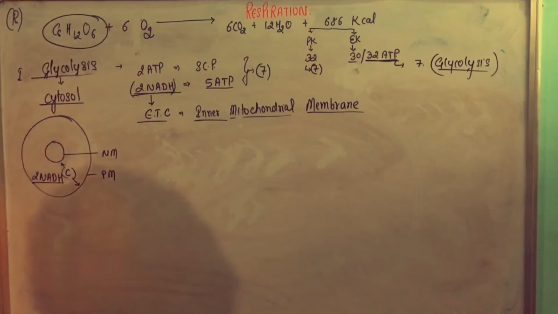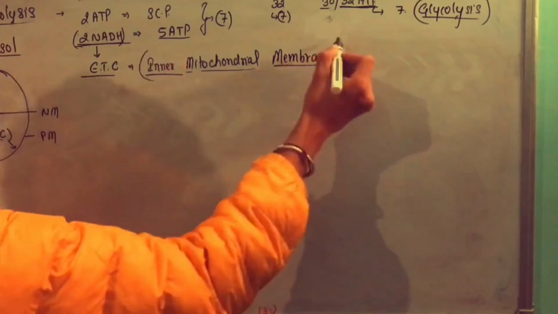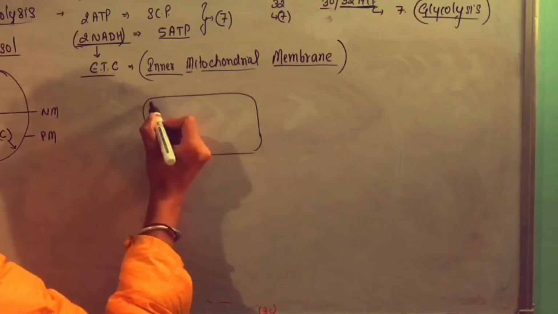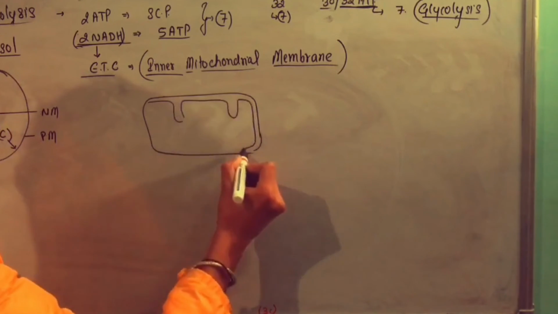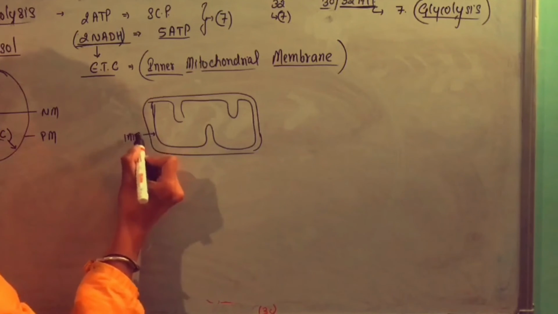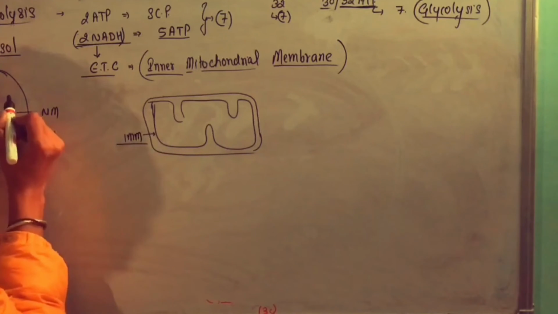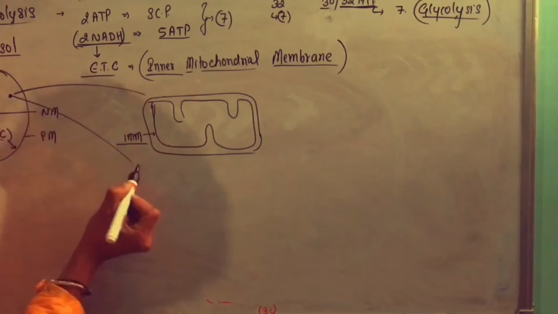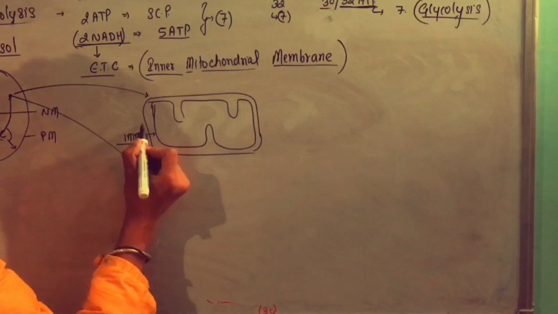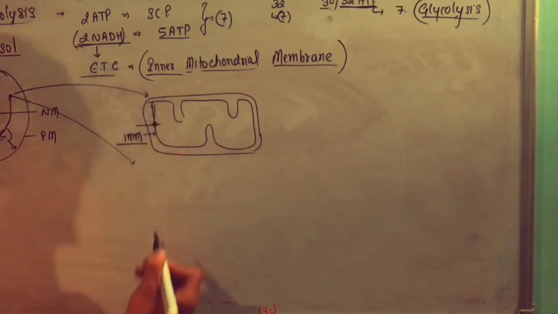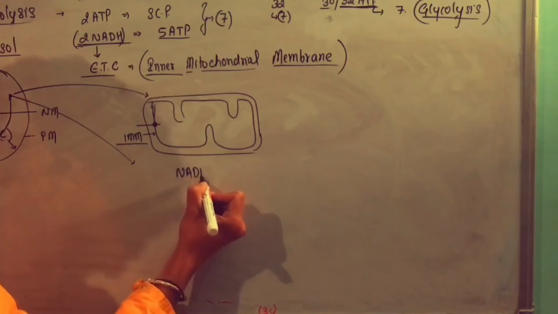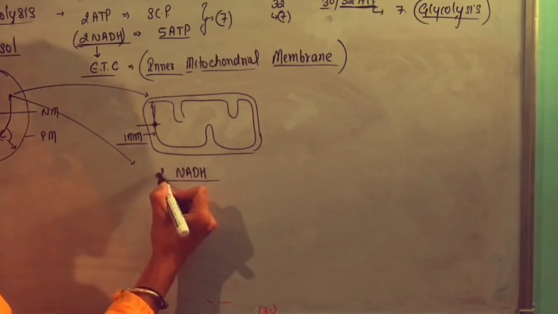To form ATP from NADH, these must be transported to the inner mitochondrial membrane. Mitochondria is a bilayered structure, consisting of an outer membrane and an inner mitochondrial membrane. These two NADH will have to cross the inner mitochondrial membrane.